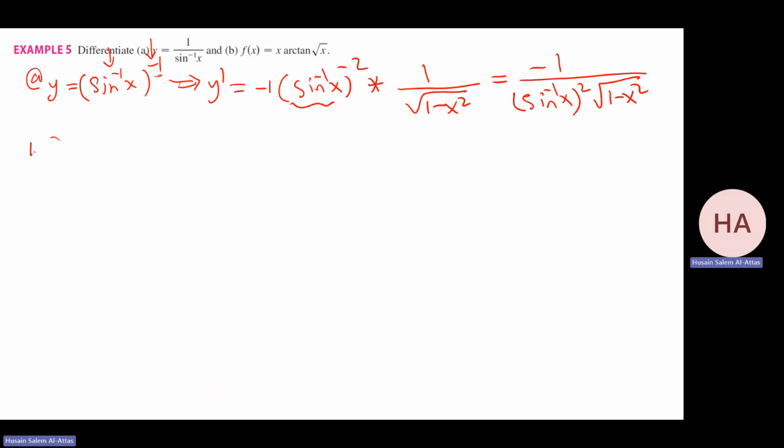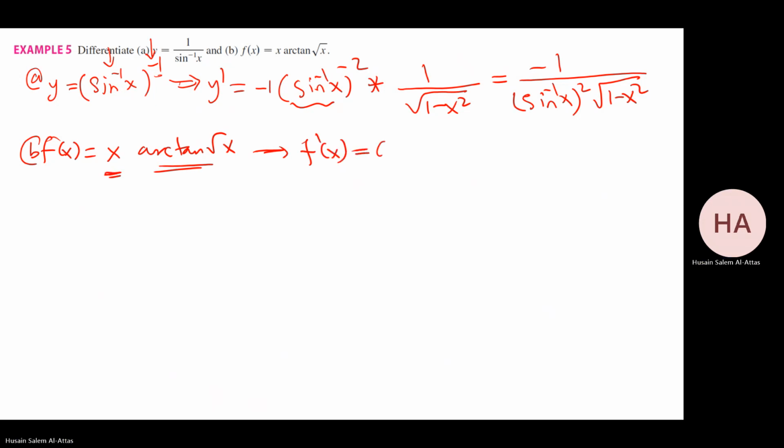Okay, second one. f of x equals x arctan square root of x. I have a product of two functions. What will be f prime? The derivative of the first, which is 1, times the second, plus the first times the derivative of this.